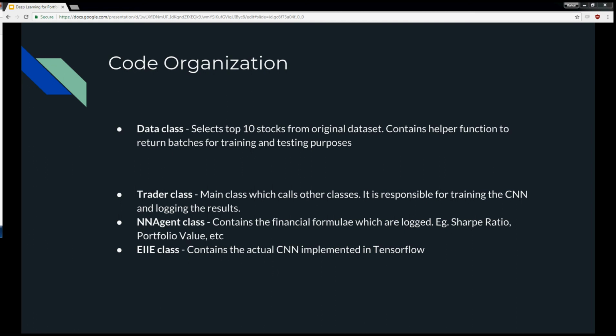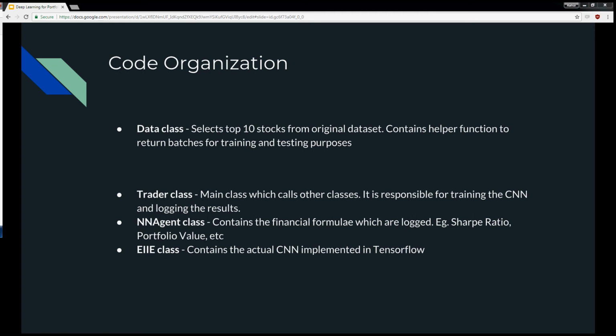Third one is the NN agent class, and it contains the financial formulas which are logged, for example Sharpe ratio, portfolio vector, value, etc. So in this class, if we find any other financial formulas that can benefit us in optimizing our model, we can just add them to this class later, so we don't have to change the trader class and the data classes.